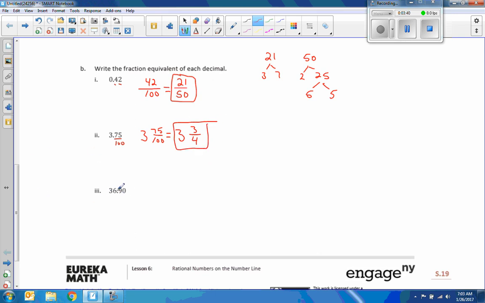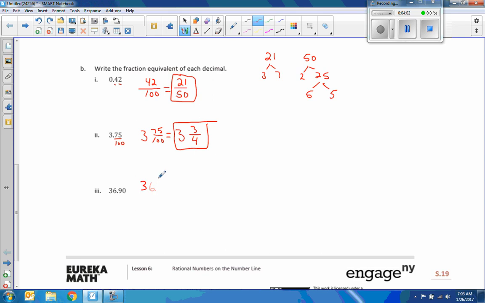Okay, the last one, 36.9. All right, I have a 0 at the end here. After a decimal, following zeros mean nothing, okay? They don't even have to be there, just for starters. I'm going to say this 36 is the whole portion.